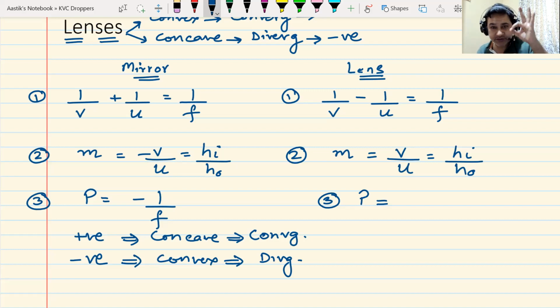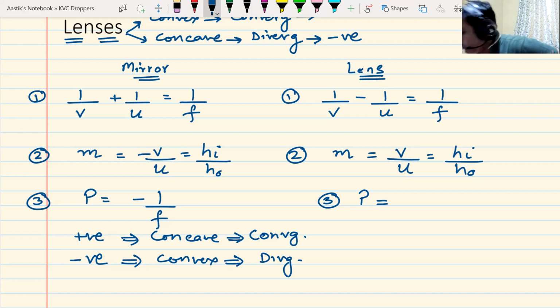Think. Remember, for a convergent lens or a convergent mirror, the power is positive. For a divergent lens or a divergent mirror, the power is negative.